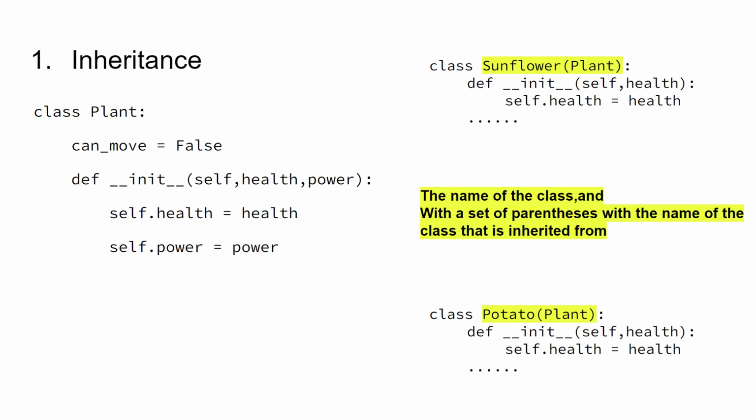So you set the parentheses including the parent. For the class sunflower, it first inherits all the stuff from the plant. And then once you say sunflower, you have the same attributes and member functions as in the plant class.